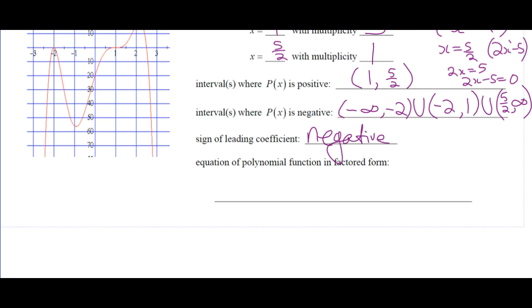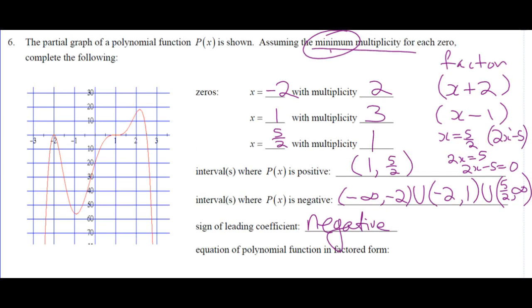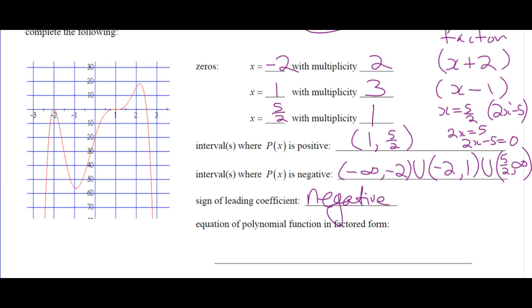What's the equation of the polynomial function in factored form? Okay. Now, we do have a y-intercept, right? Which is negative 20. So when we write this, we're going to say, I know it's of degree 6. I know that it has a negative leading coefficient.